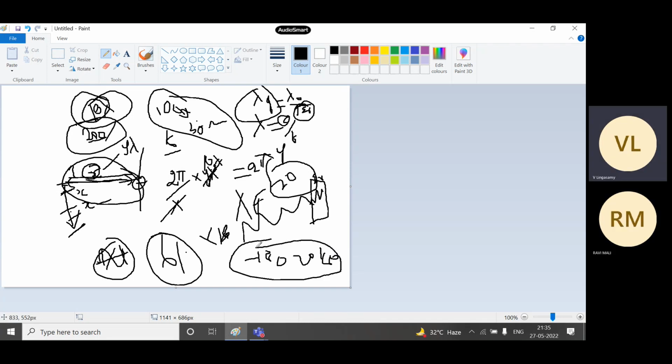So how can I write this? You can wrap this phase. In one of my videos, I have explained how to convert this into 0 to 360 degree. All are one and the same. It's only about phase wrapping.